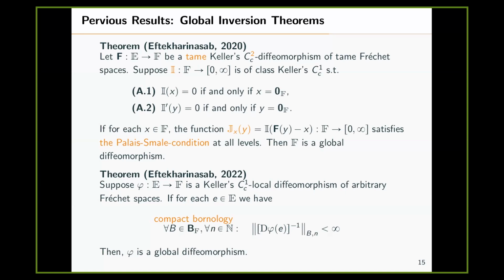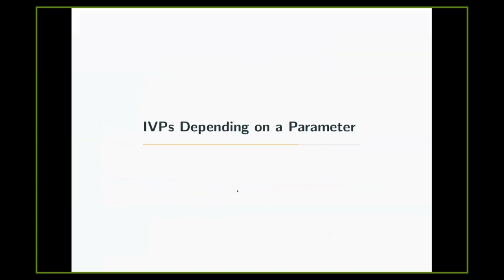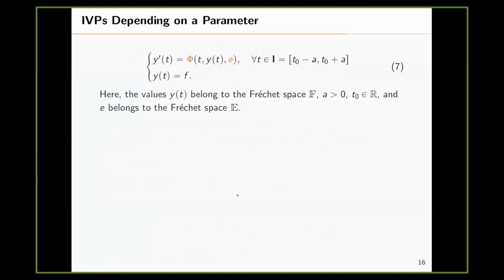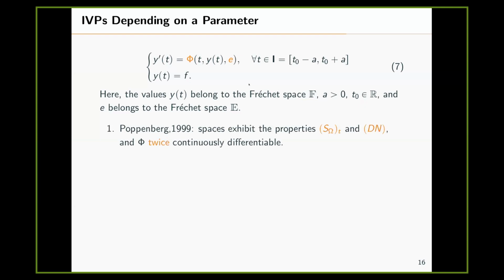Okay, now moving on to solving initial value problems depending on a parameter. This is one of the challenging problems in global analysis beyond Banach spaces. Here is the background about known results.